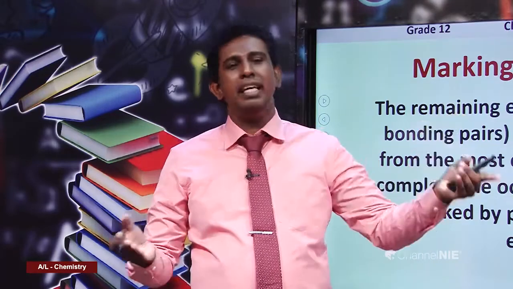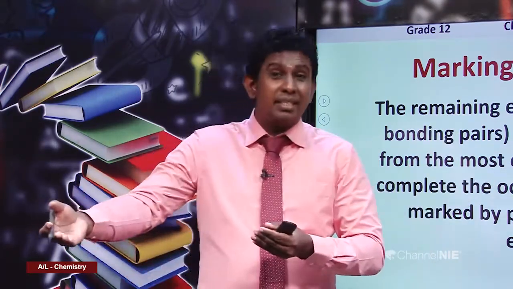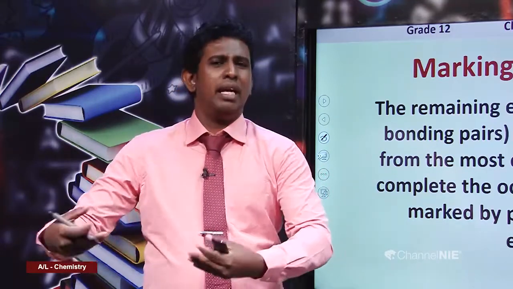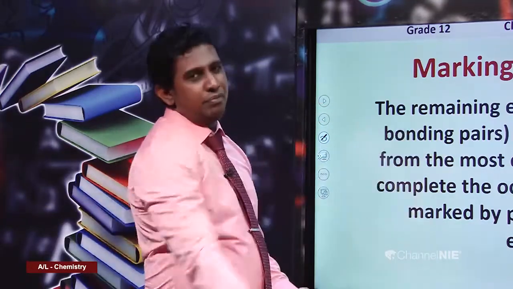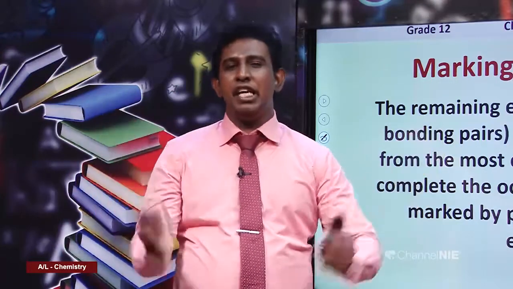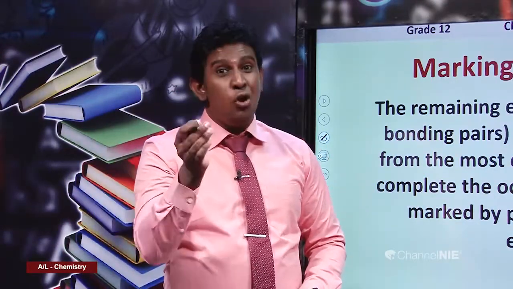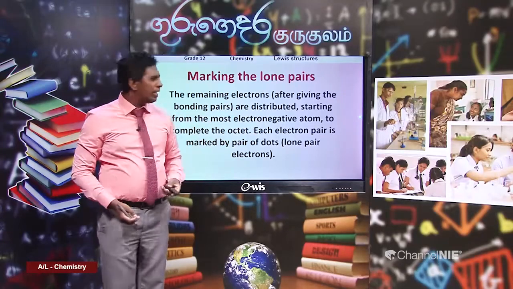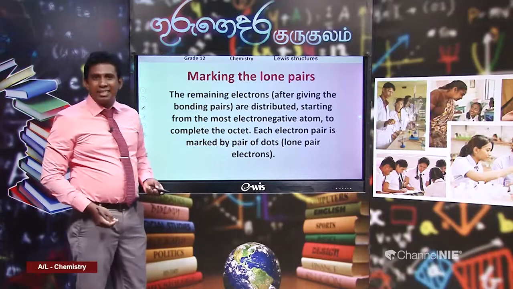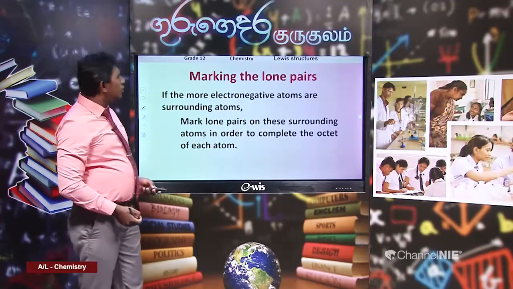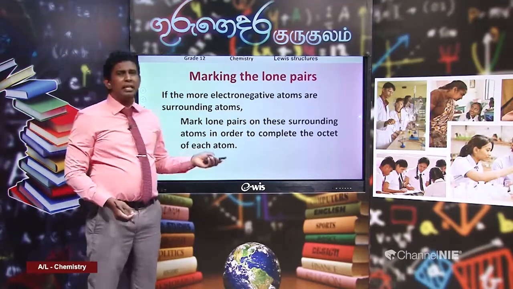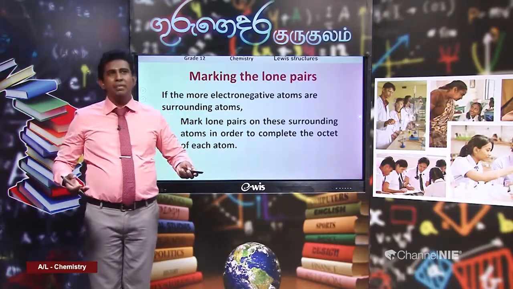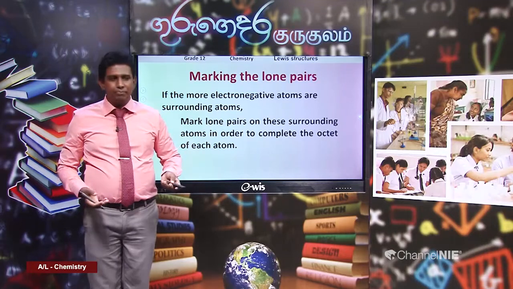Then if you have further remaining, you go to the next, secondly most electronegative atom. In the descending order of their electronegativities, you place those lone pairs left behind on those atoms. That's our next target. Students, it's the same as what I have mentioned. You found that out at the very beginning, deciding your skeletal structure.